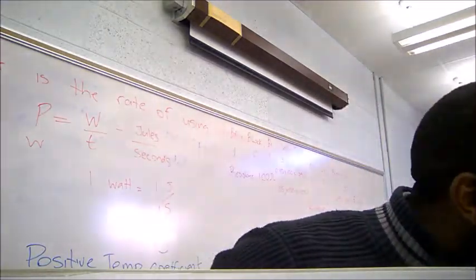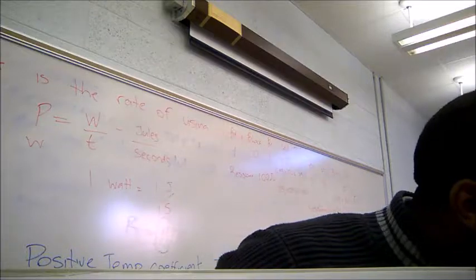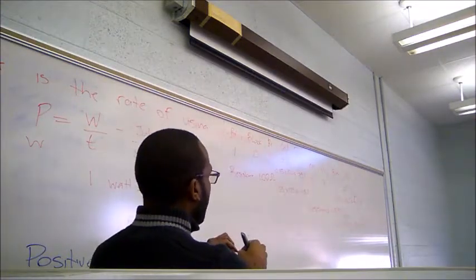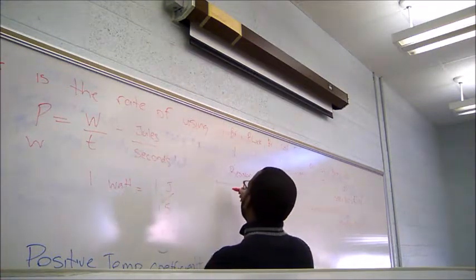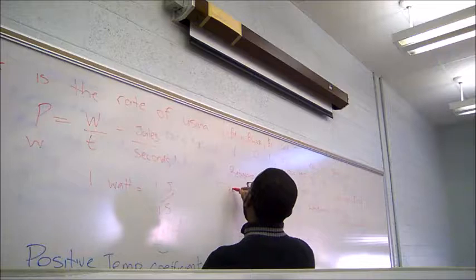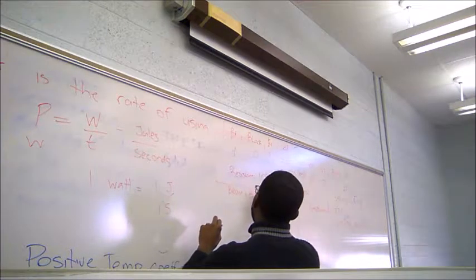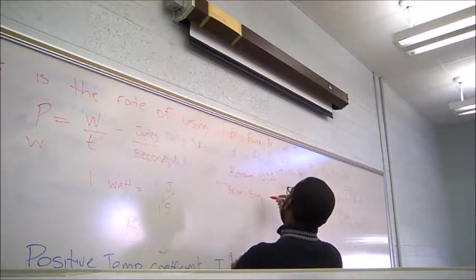Okay, let's do one more example. Alright, so here I have a resistor. The first band is brown. The second band is brown. Someone will have to give me the resistance. The third one is red.